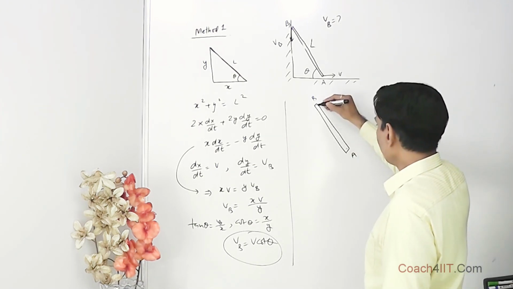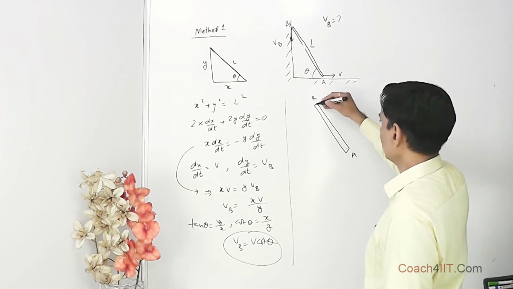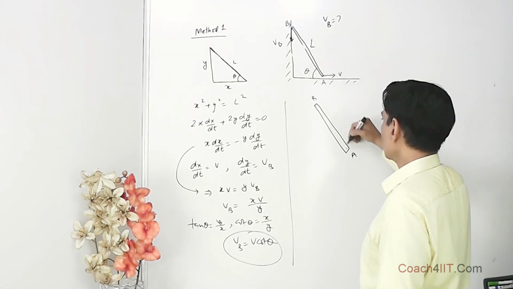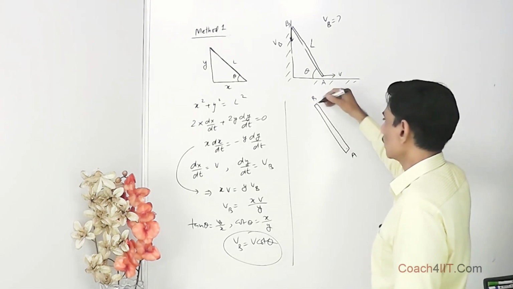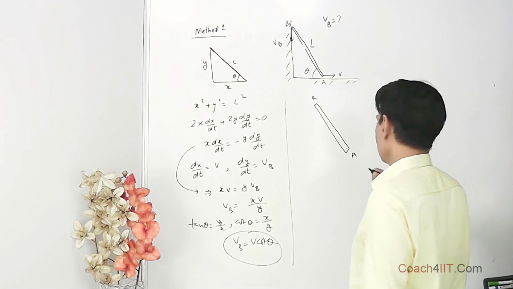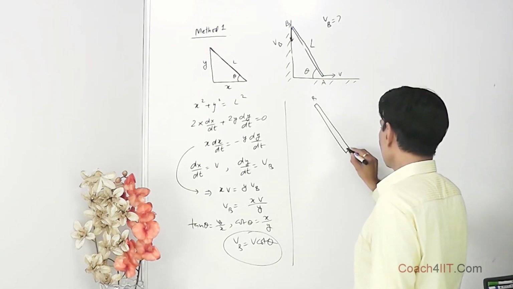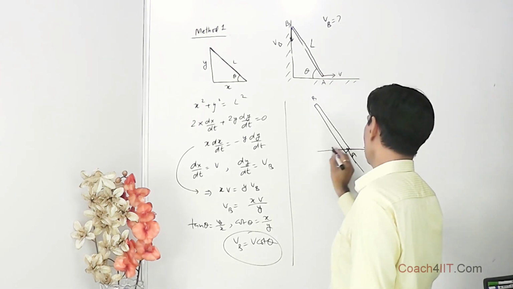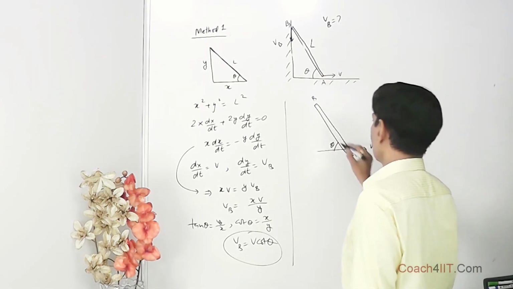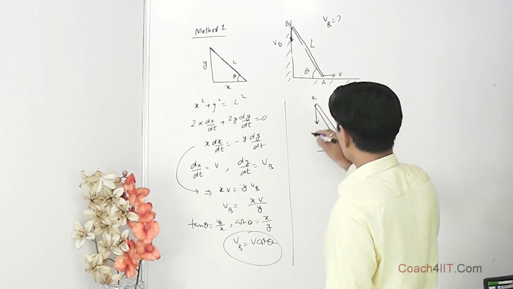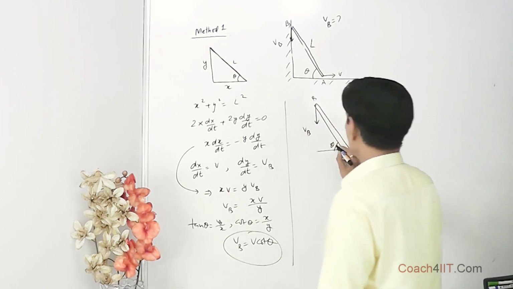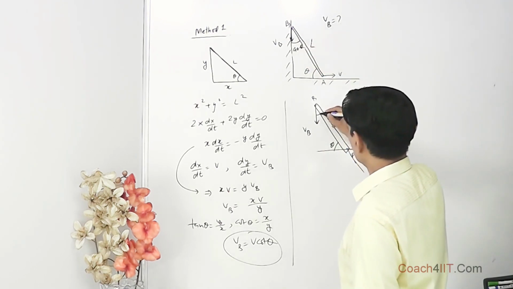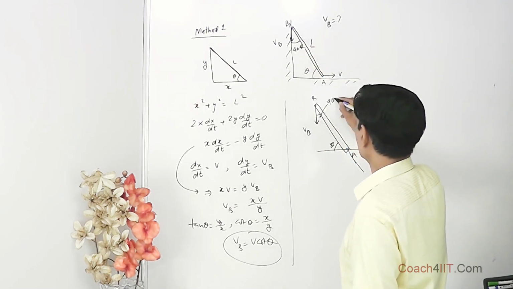So if we find the relative velocity of these points along this axis, it should be equal to 0, because this distance is always going to remain the same. At this instant this angle is theta, so this is going to be 90 minus theta.